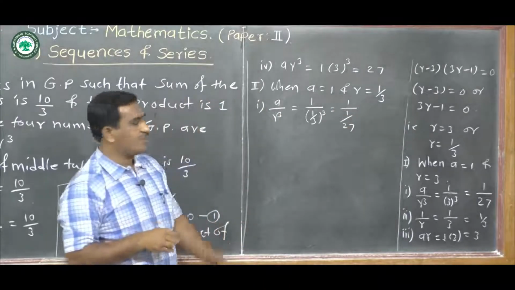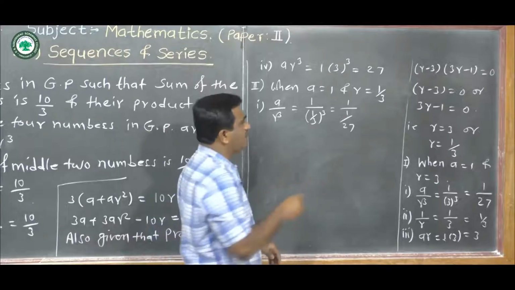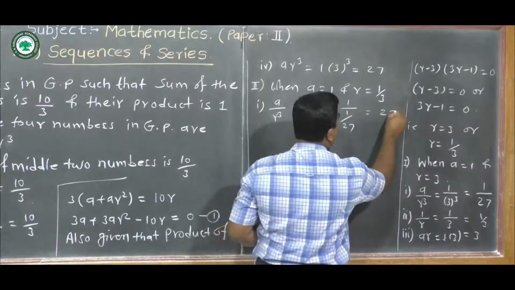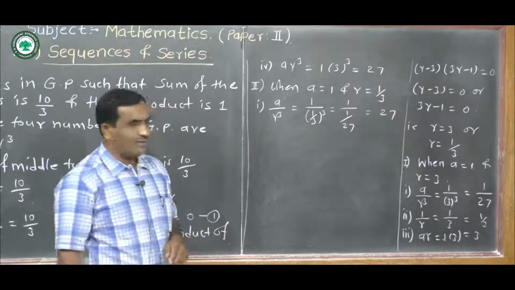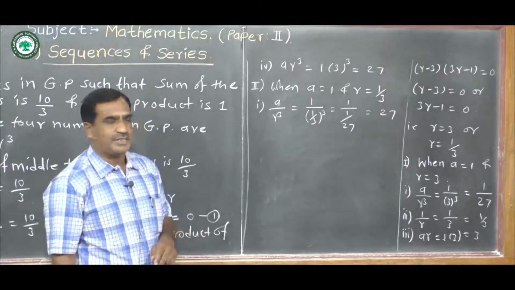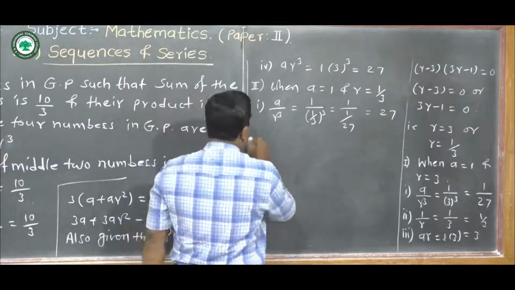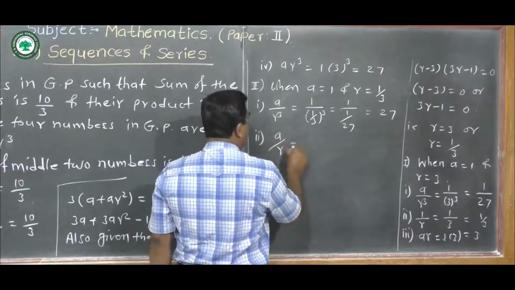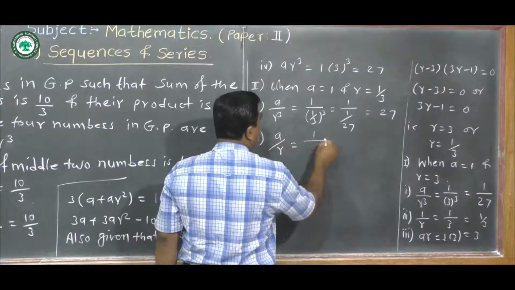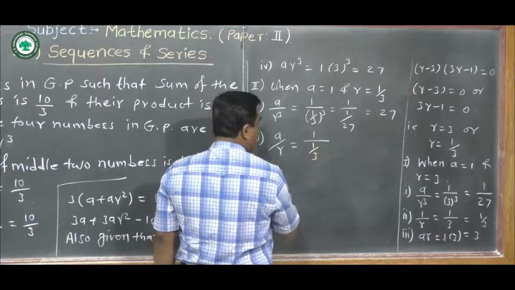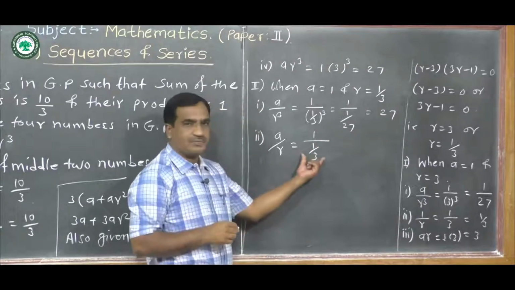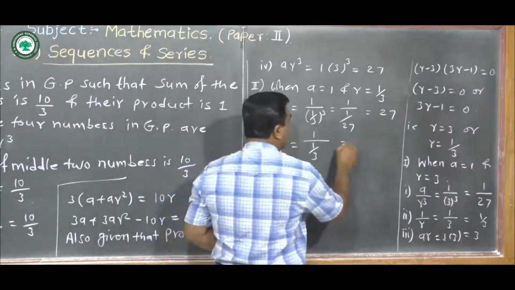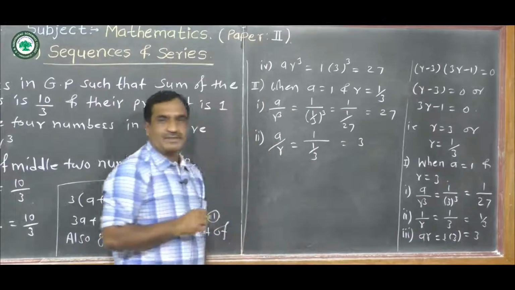Now taking the reciprocal of this, we can write 27. So the first number in GP is 27. Now the second number, a upon r is equal to, a means 1, r means 1 upon 3. Again taking the reciprocal, the second value is 3.